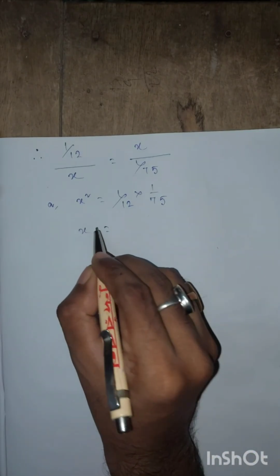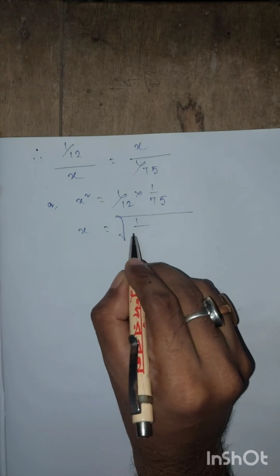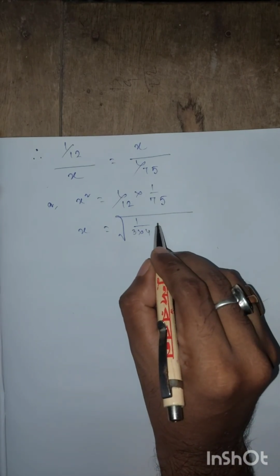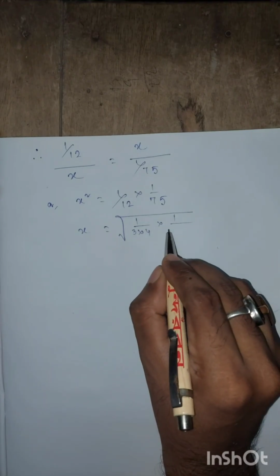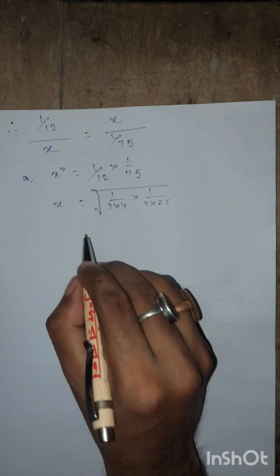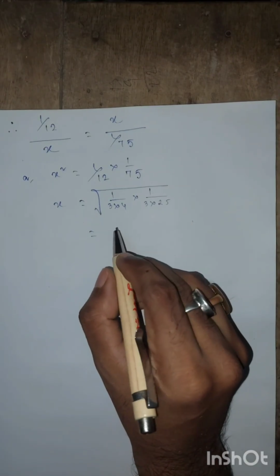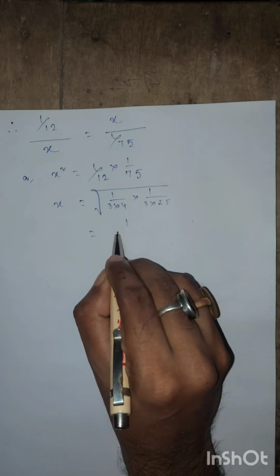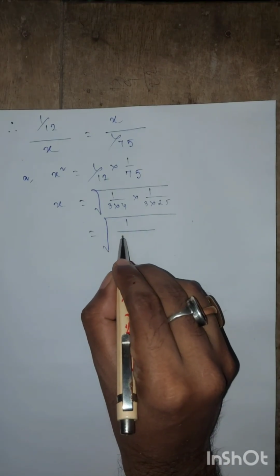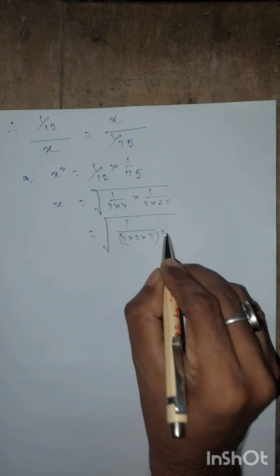So the value of x is root over 1 by 12, which can be written as 3 into 4 into 1 by 3 into 25. So we can write it, okay, 1 by 3 into 2 into 5 whole square.